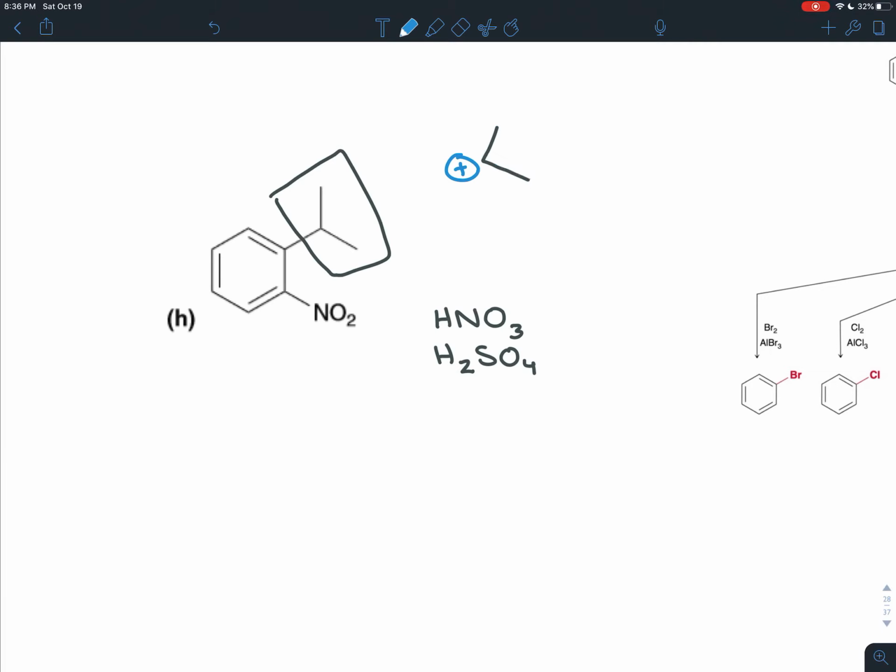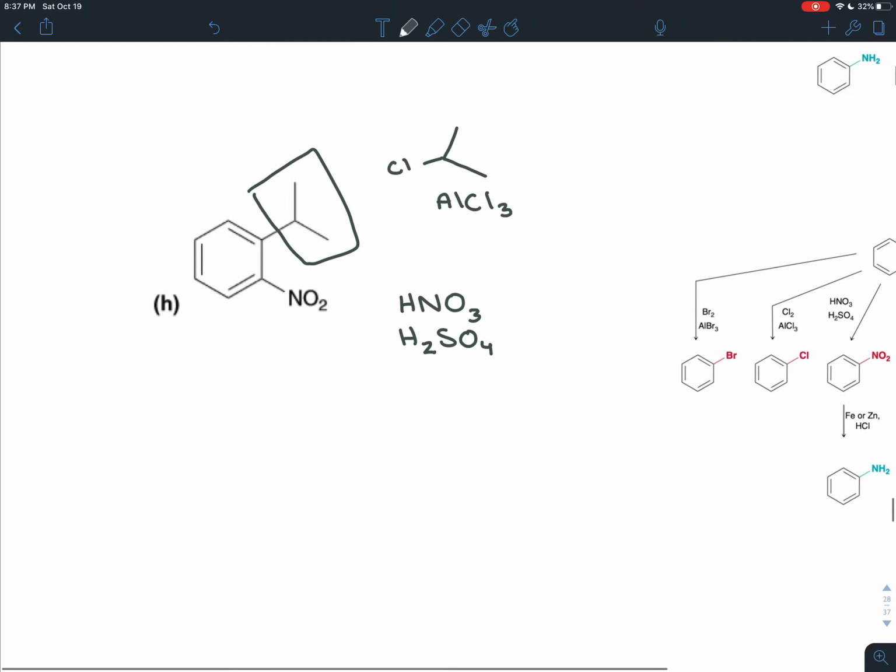And so it's not going to rearrange because it's most stable where it already is. So because you don't get any carbocation rearrangements, you can do a Friedel-Crafts alkylation. You have your alkyl halide based on the branch that you have, and then AlCl3 being used as a catalyst. So those are our two recipes that we need to use.